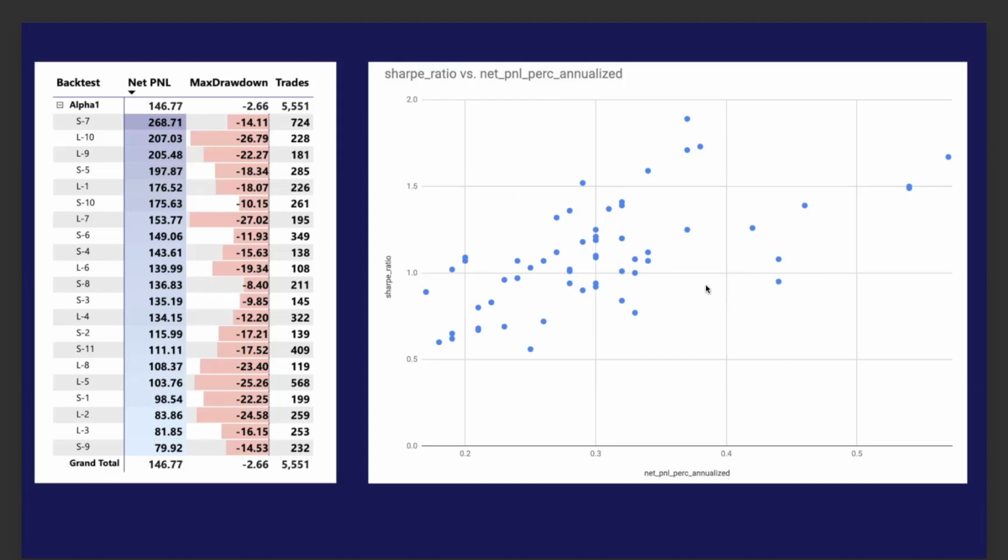Also, we discard strategies that have an average annualized profitability of 30% or less. Because you always need to keep in mind that, let's say, if you have 31% in backtest, definitely in live you will have worse results, so probably 25, 27, but it's very dependent on how you eliminate overfitting.